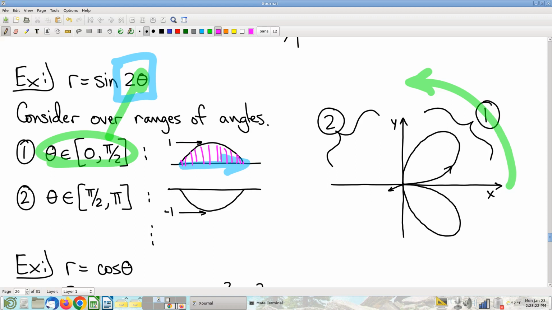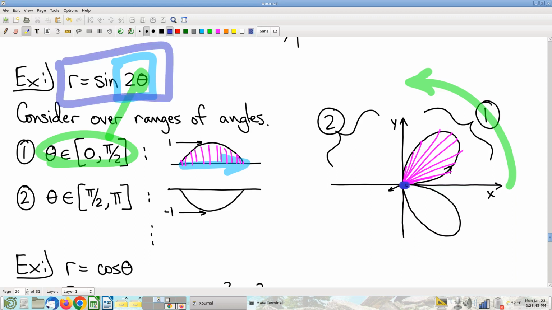So from 0 to pi over 2. Apparently r needs to start at 0 and go up to 1 and then come back down to 0. And if you draw that out, that gives you a curve that looks like this.